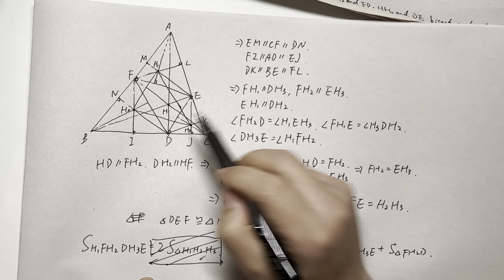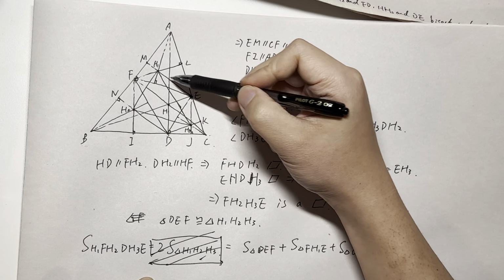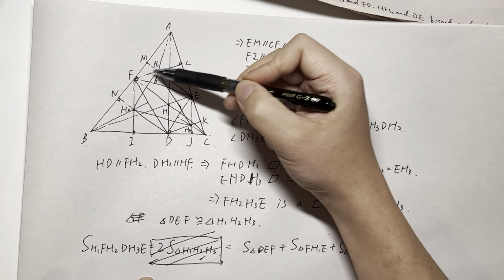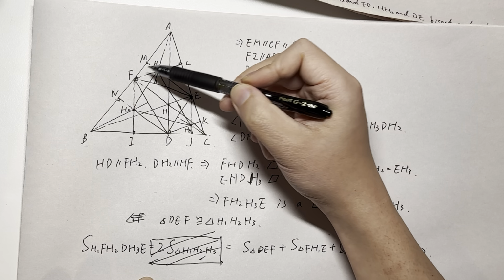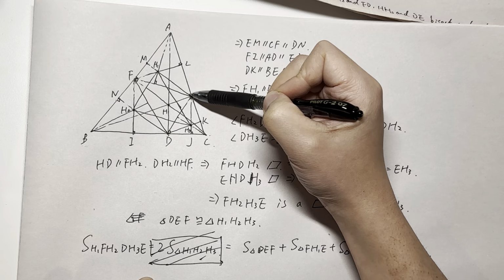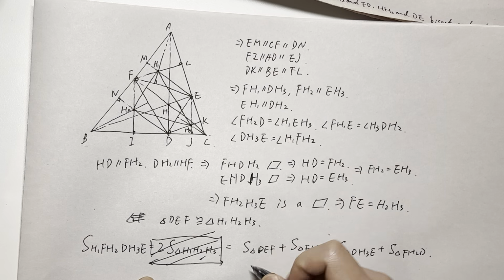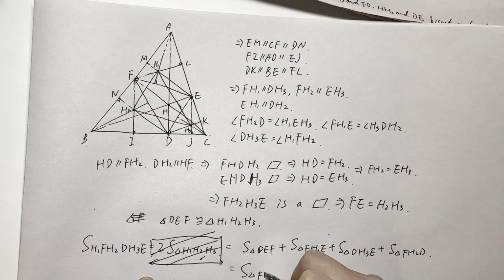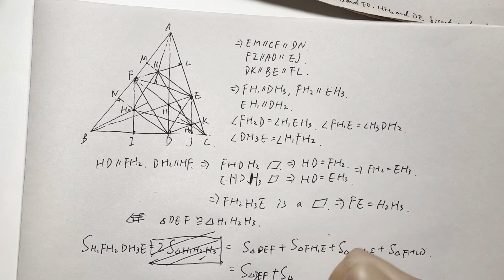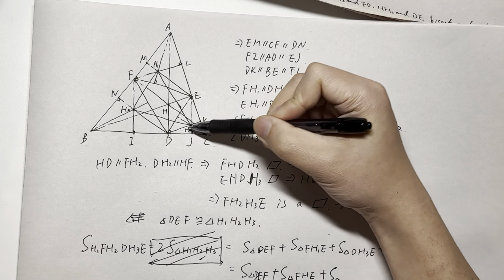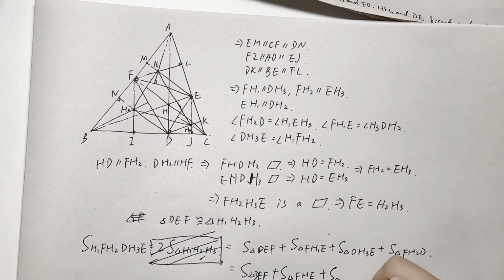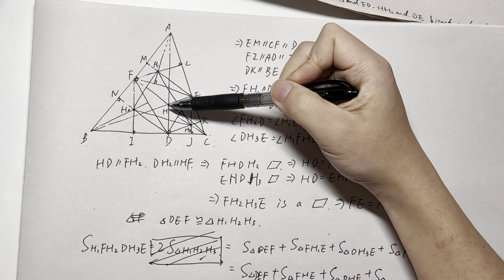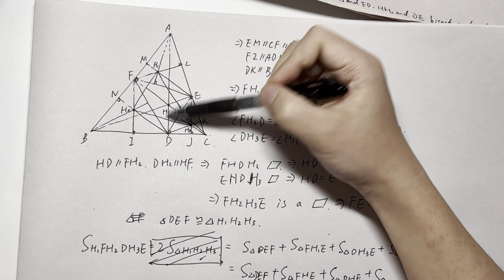And we know that, because FH1EH is a parallelogram, the area of triangle FH1E equals the area of triangle FHE. So it equals triangle DEF plus triangle FH1E, that is FHE, plus triangle DH3E, that is DHE, plus triangle FH2D, that is FHD.